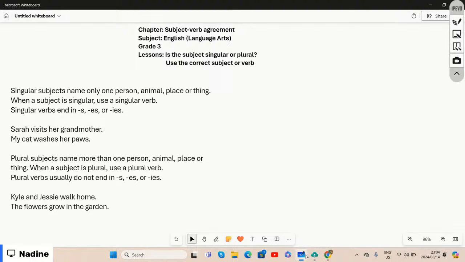Grade 3. And the lesson that we are going to focus on under the chapter of subject-verb agreement is: is the subject singular or plural?